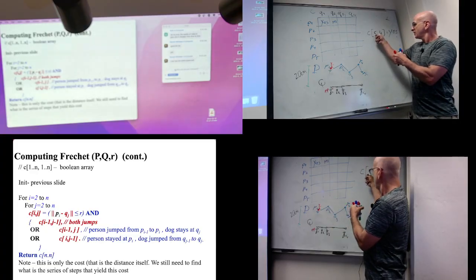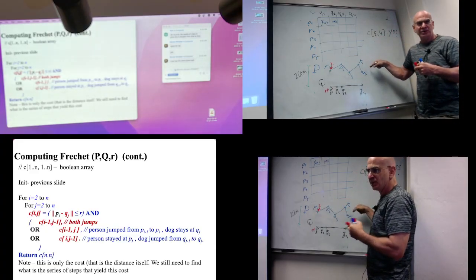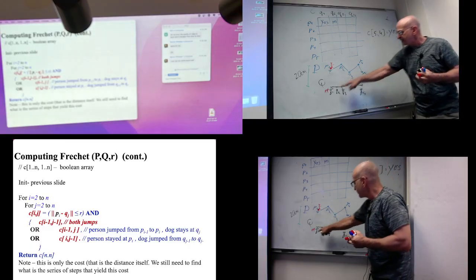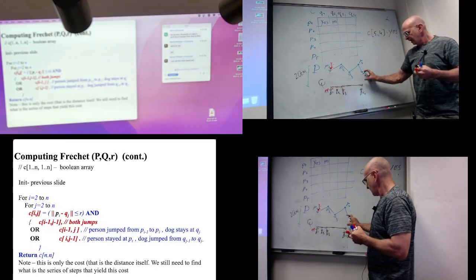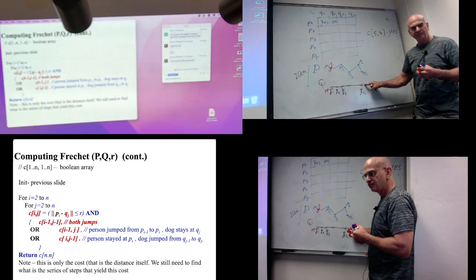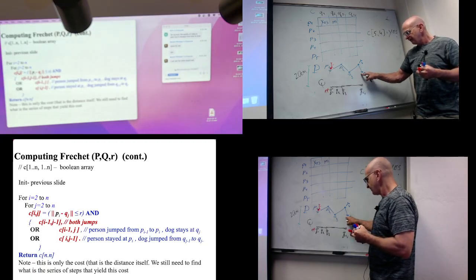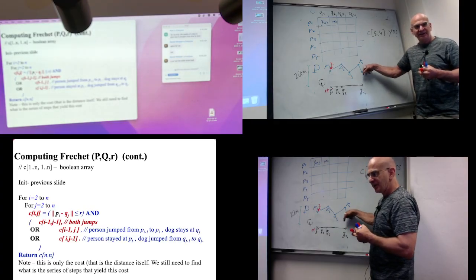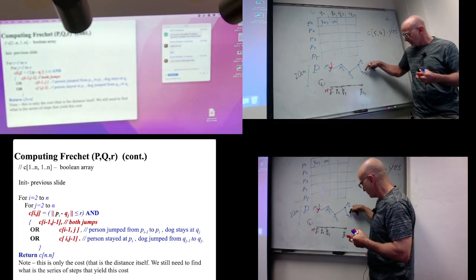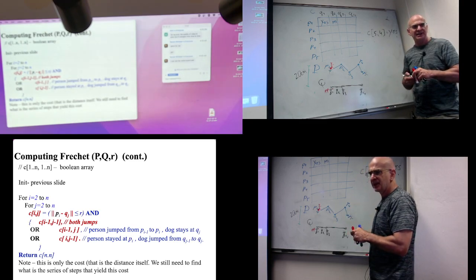In particular, now I'm looking at the whole prefix of P, which is whole of P, the whole prefix of Q, which is whole of Q, and they must end at P5 and Q4. When the person is at P5, the dog is at Q4. Maybe there are other times that the person is at P5, but definitely in the last step. That's where they end their trip.